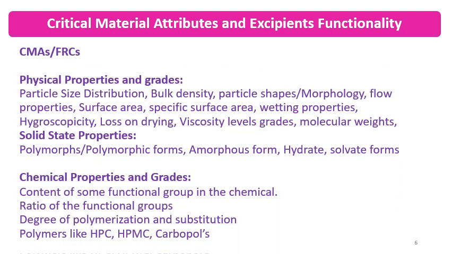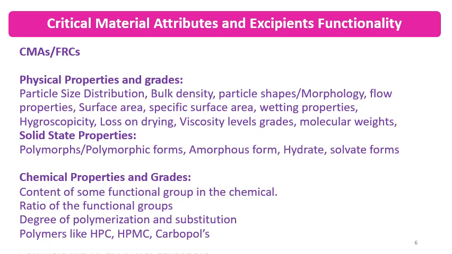The physical properties, chemical properties and solid state properties are the properties which are CMAs or FRCs. Many times you may find that a material is available in different grades.